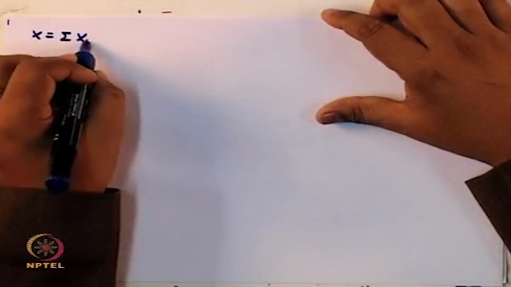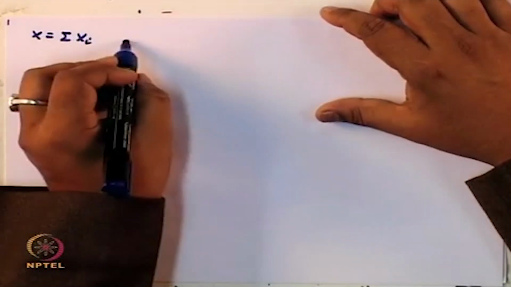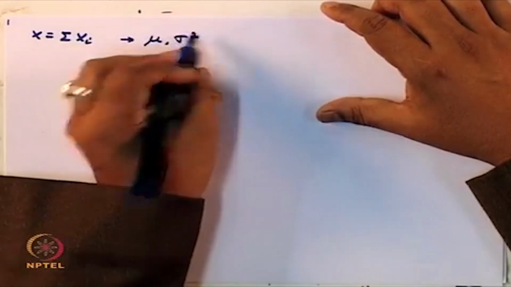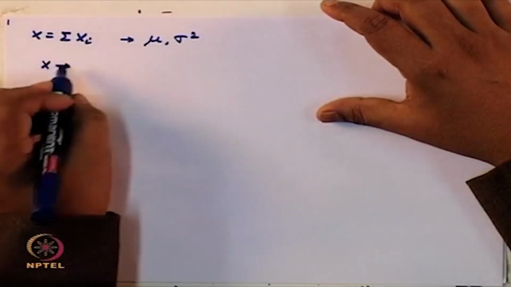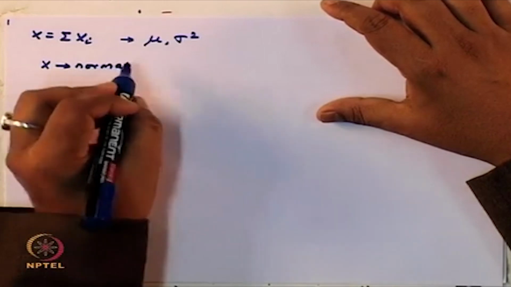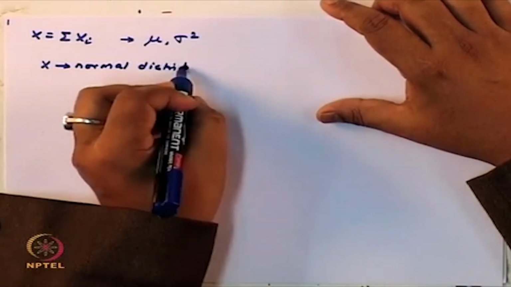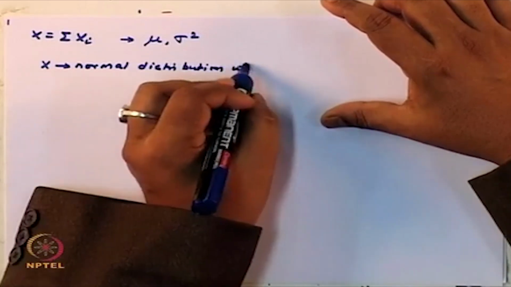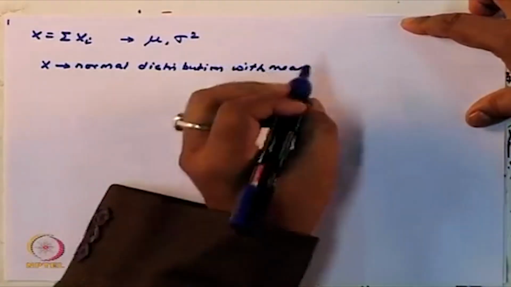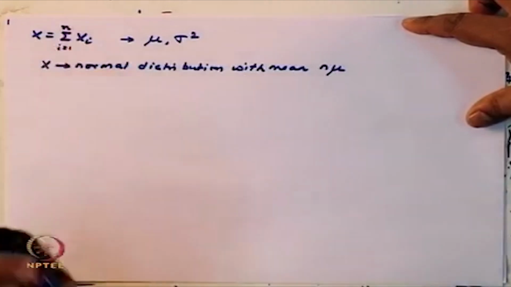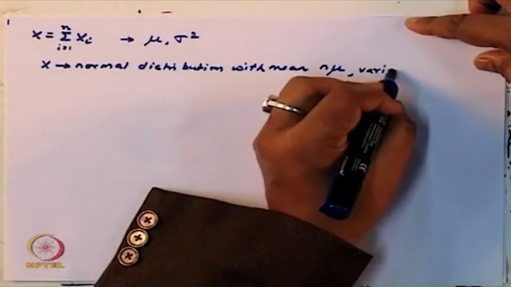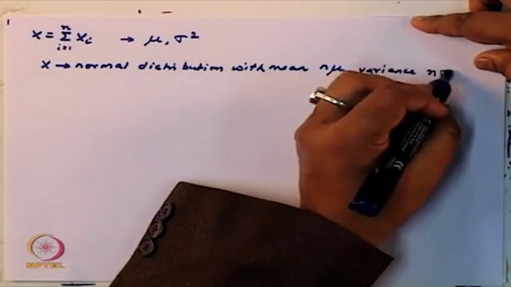Two things we discussed in the last class: if I define X as the summation of X_i, and each X_i has mean mu and variance sigma square, then X, the summation of X_i, will follow a normal distribution with mean n times mu for n random variables, and variance n sigma square.